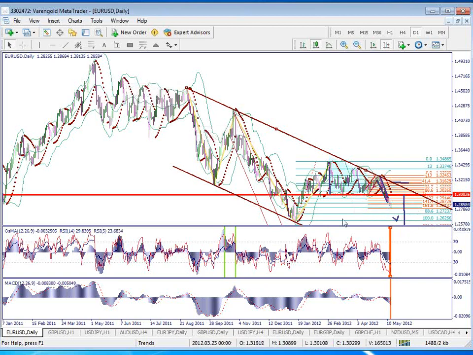And I think that this is the one difficult period for all pairs, the end of the cycle. We are here at the end of the impulse, the 1, 2, 3, 4, 5 cycle, and we are waiting for the correction.